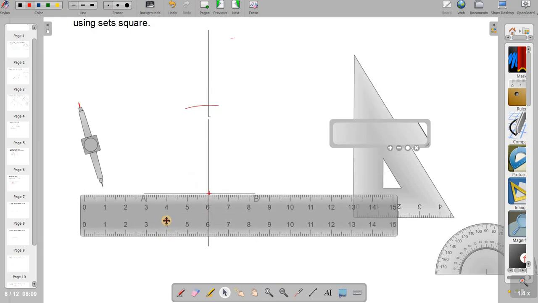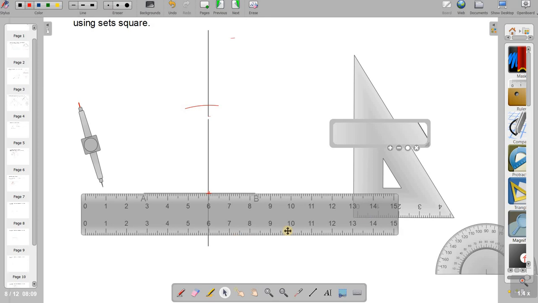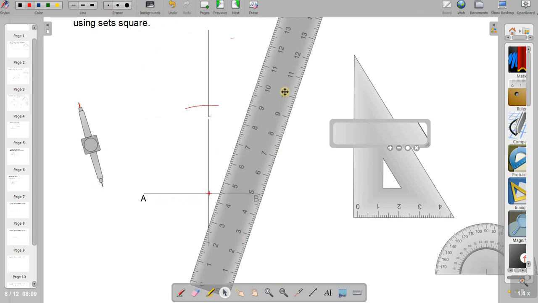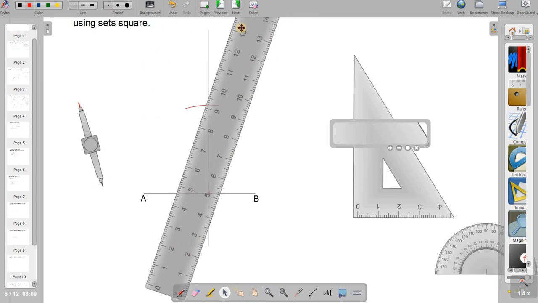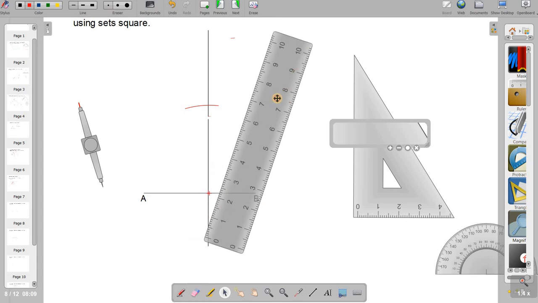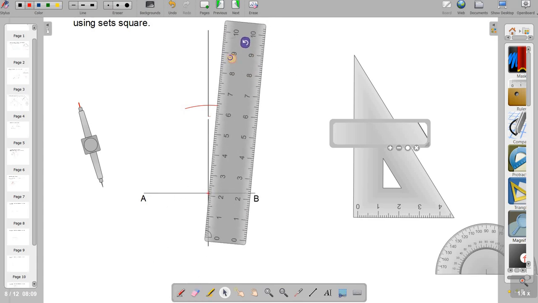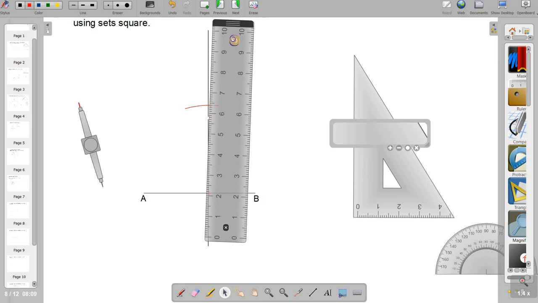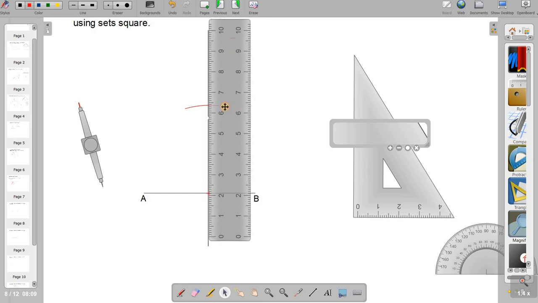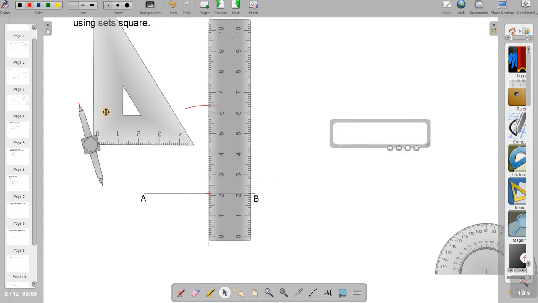Now again I will take the ruler here. I'll turn it around like this. Let me just reduce the height of this scale ruler. I'll turn it around still. Okay, after keeping the ruler like this, I'll take this square.